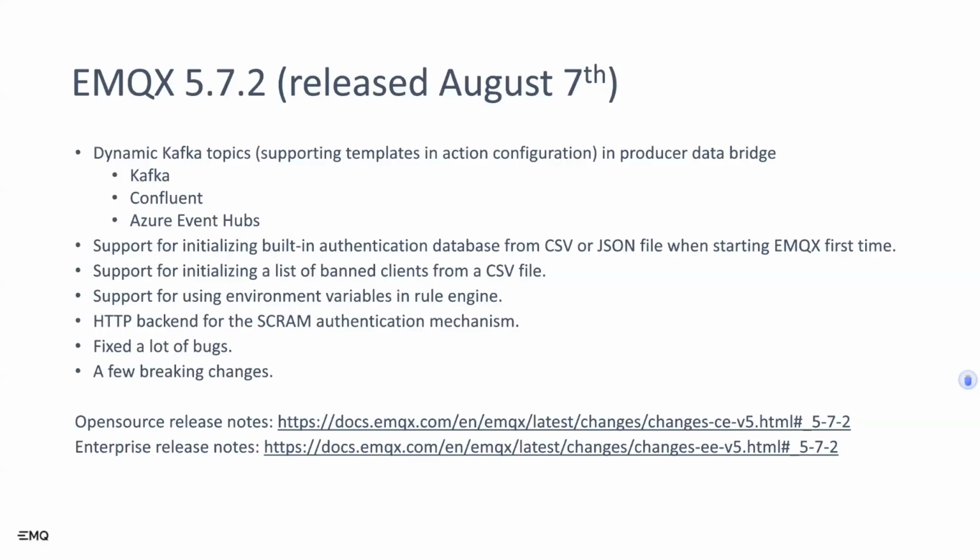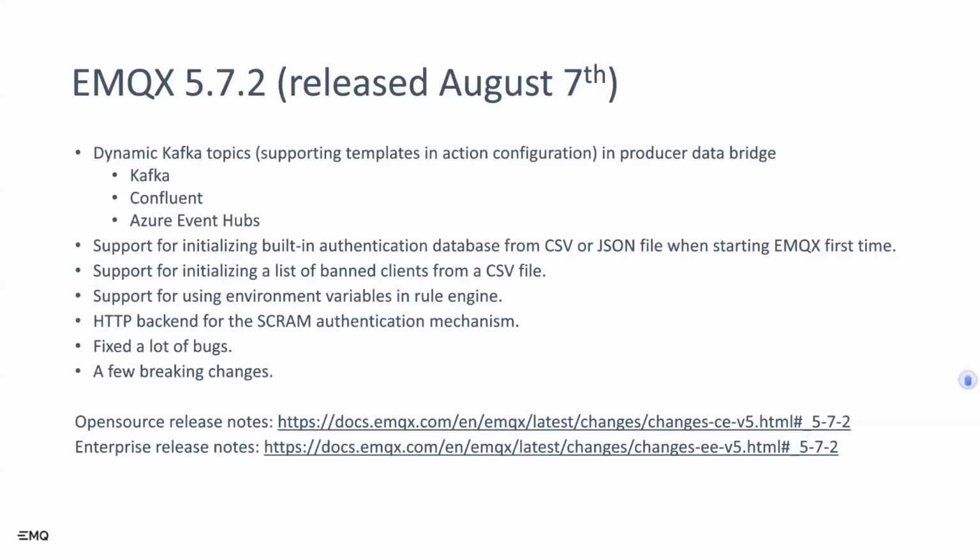You can also use environment variables in the rule engine. There is a separate prefix and more information available in the documentation. It could be useful again in Kubernetes deployment when you can configure one variable or more and use them in the rule engine.